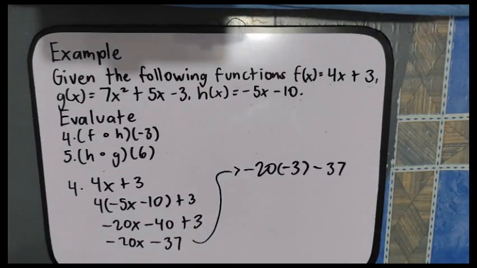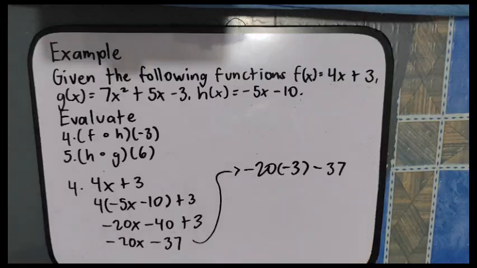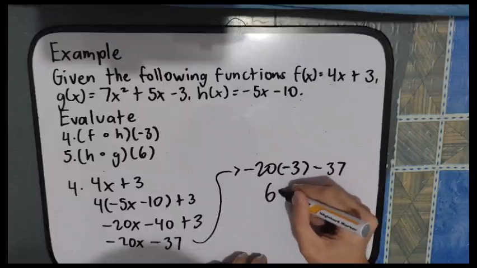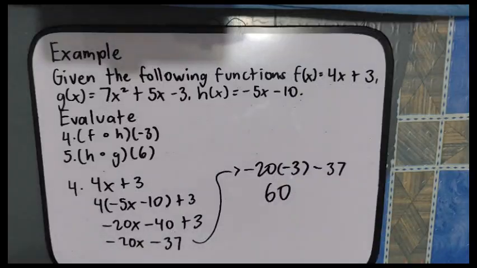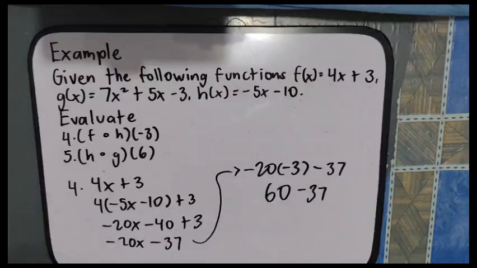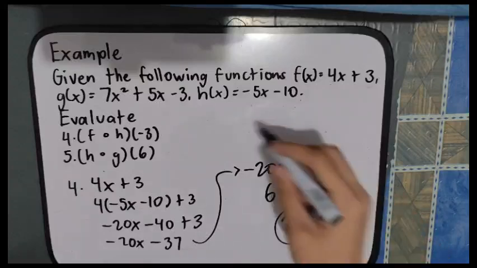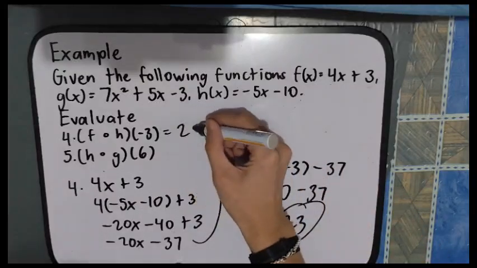So we're going to multiply negative 20 with negative 3. Negative 20 times negative 3, we have the answer of positive 60. And then we're going to copy negative 37 and combine them. 60 plus negative 37, we have the answer of 23. So this is the answer for example number 4: 23.